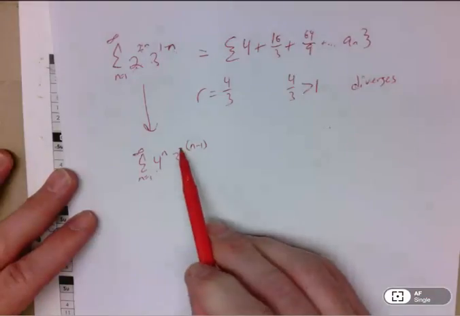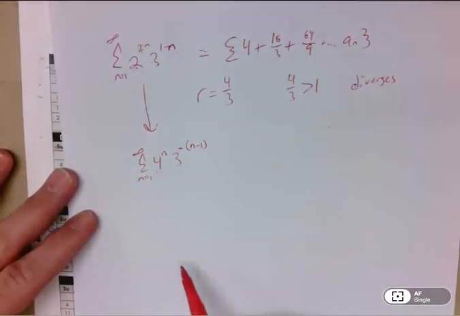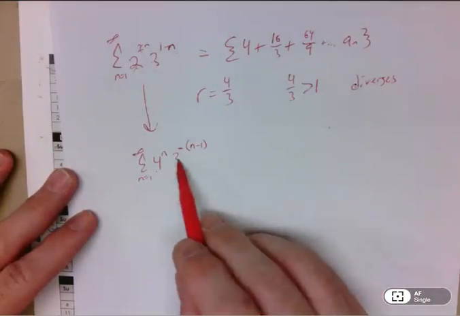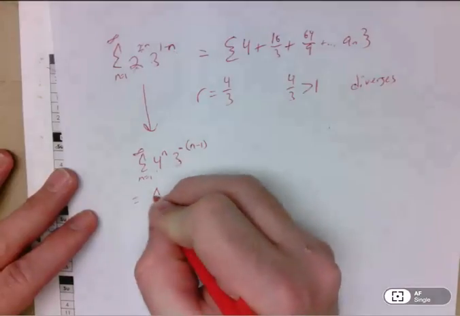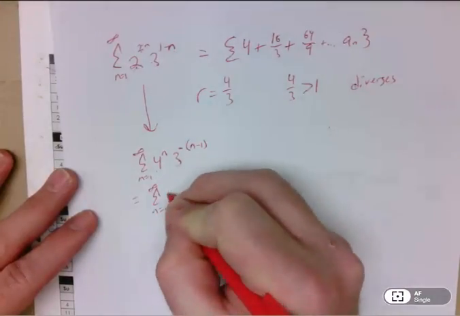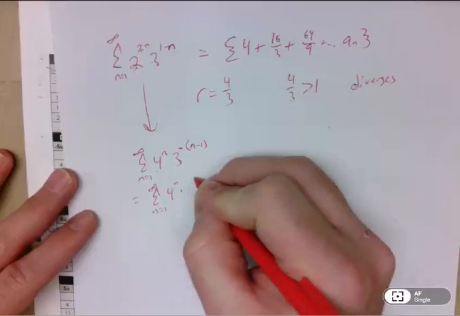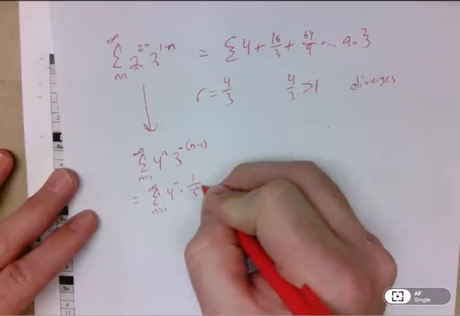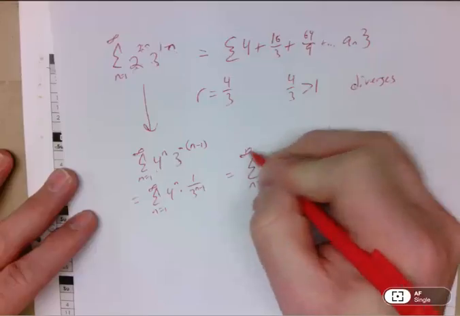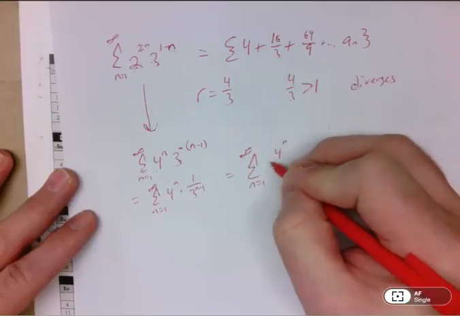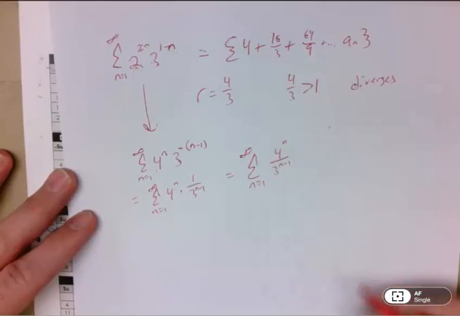Distribute the negative, you'll see you get the same thing. Now, why would I want to do that? Because I want to put this in the denominator, because I know that's where it's going to end up going. So this becomes 4 to the n times 1 over 3 to the n minus 1. This becomes 4 to the n over 3 to the n minus 1, and we're close.